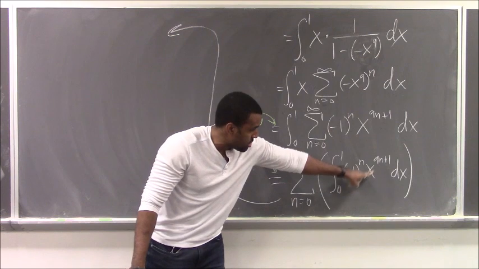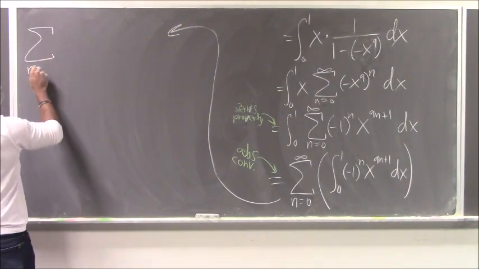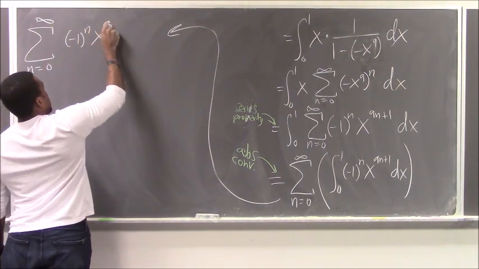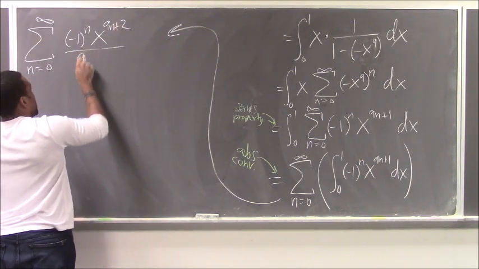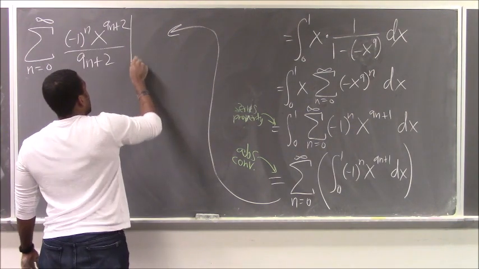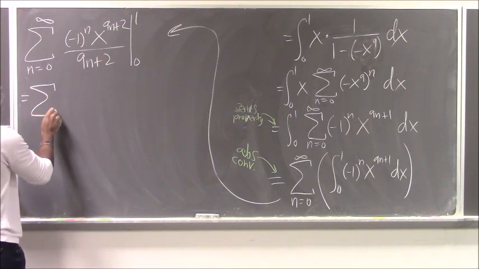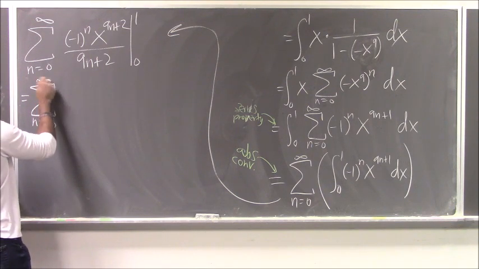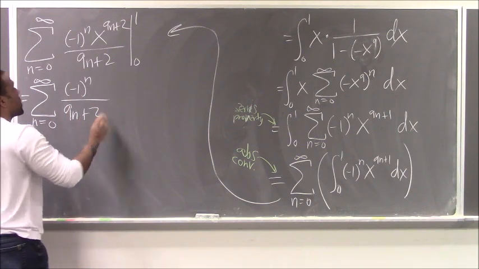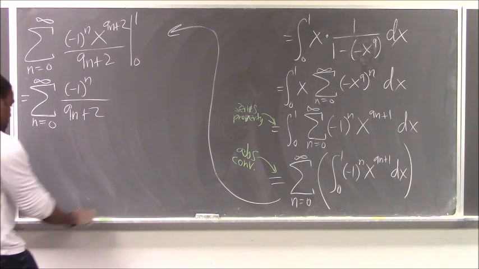So this is a constant, add 1 to the power, divide by the new power. So this is going to be minus 1 to the n, x to the 9n plus 2 divided by 9n plus 2. And that's going to work between 0 and 1. I'm going to plug in 1 for x, and then plug in 0 for x, and I get that. That's the answer to this integral.